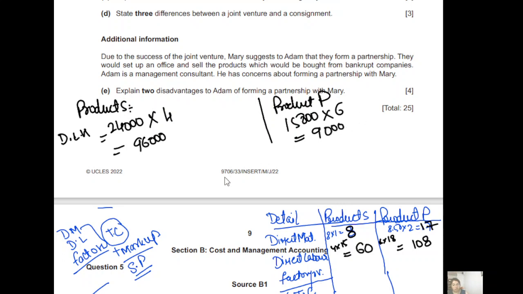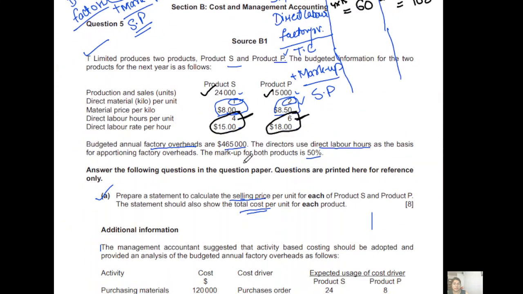Now my factory overhead, which is given on an annual basis, is 465,000. It is given to you, right?